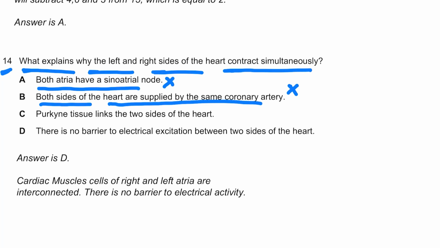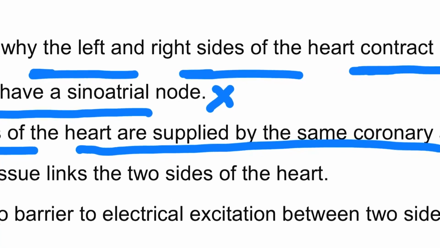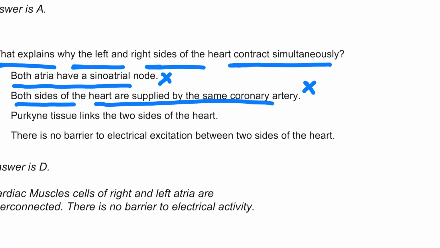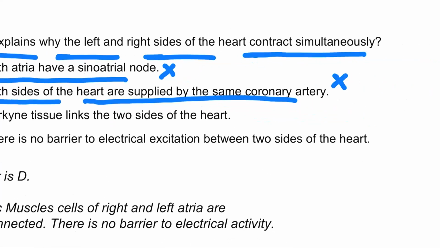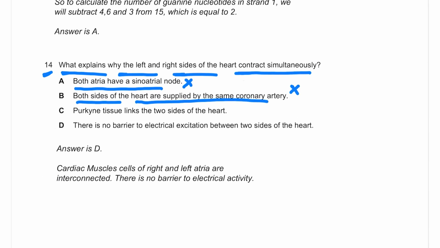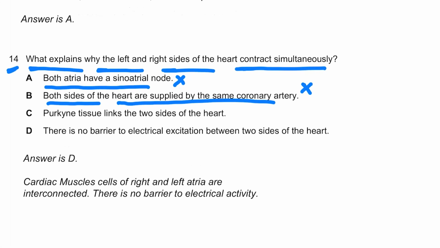Guys, the contraction depends on the electrical activity. As we all know, when the sinoatrial node contracts and relaxes, it releases a wave of electrical excitation in the right atrium, and this wave of electrical excitation travels from the right atrium to the left atrium, from the right side of the heart to the left side of the heart, because there is no barrier to the electrical activity between the right and left sides of the heart.